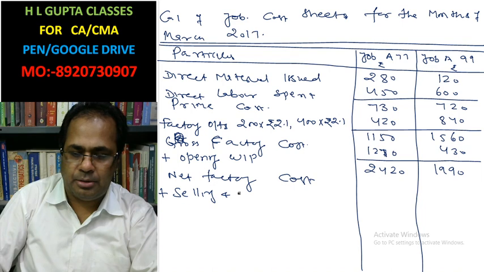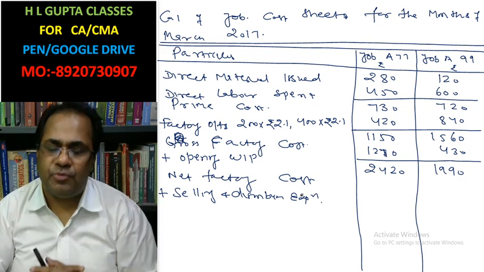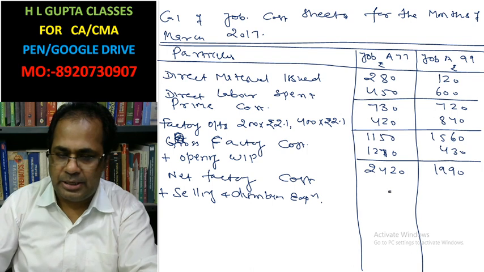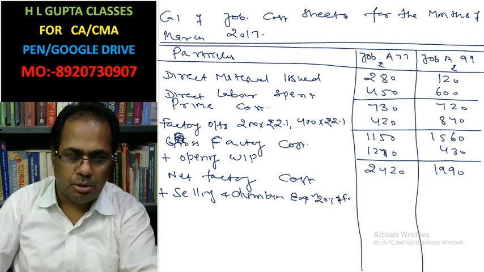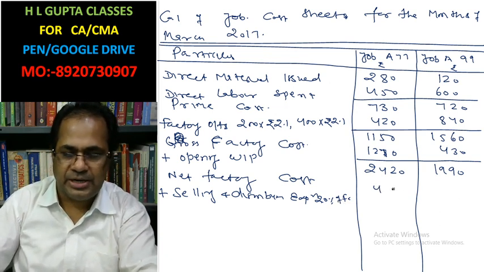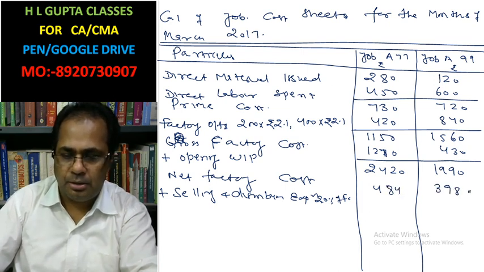Selling and distribution expenses are 20% of the factory cost, and this will be 484 and 398.